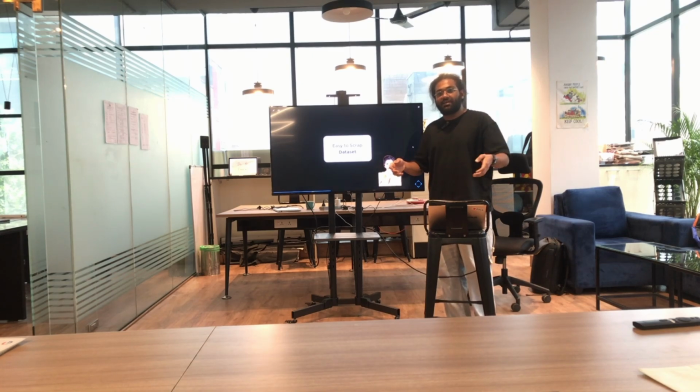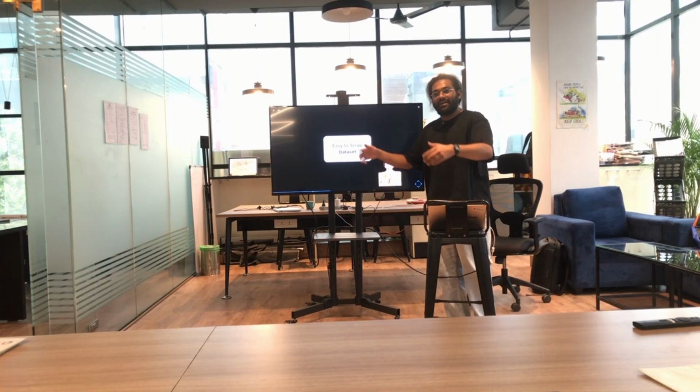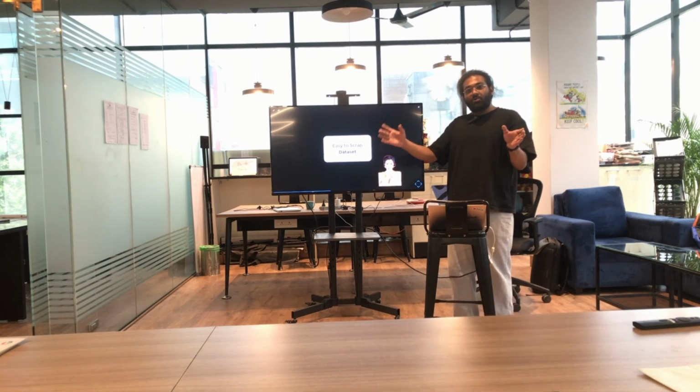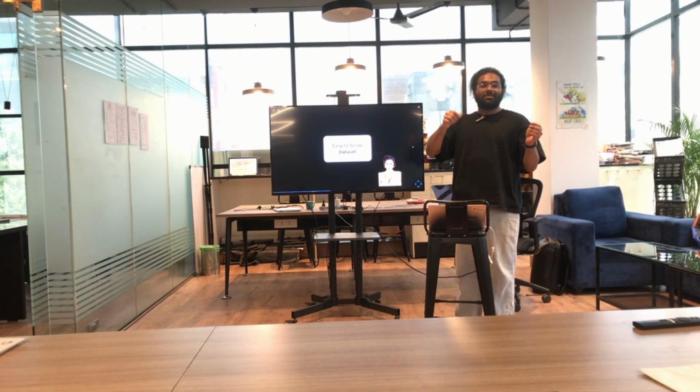If you don't know what a flat lay is, you just keep a garment on the table and click a picture from the top. That's what a flat lay is. You would need those kinds of data sets. But now it's much easier to scrape, because the internet is filled with such images.